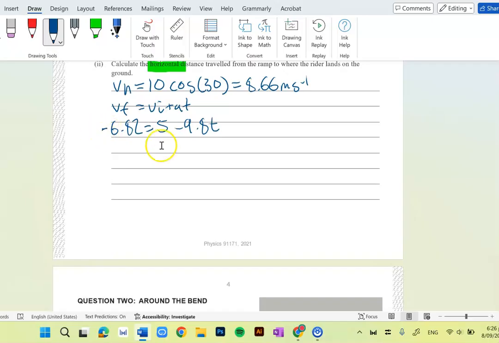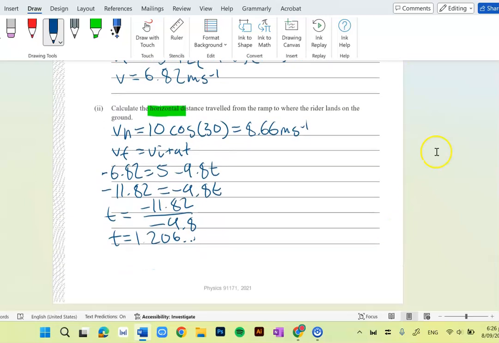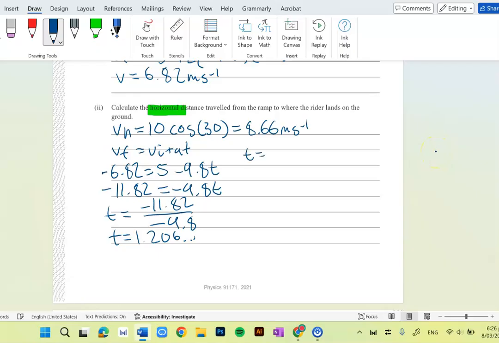So when we move the 5 to the other side, it becomes negative 5. So negative 11.82 equals negative 9.8 t. So t equals negative 11.82 divided by negative 9.8, which is 1.206 and so on, and you just round that to t equals 1.21 seconds.